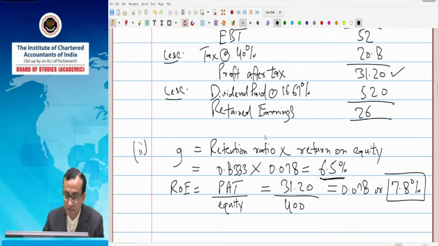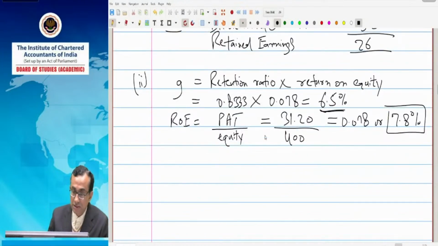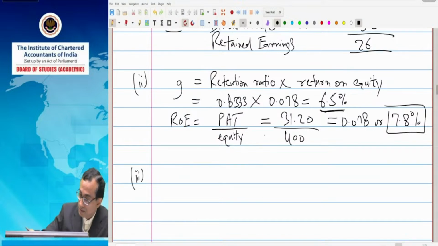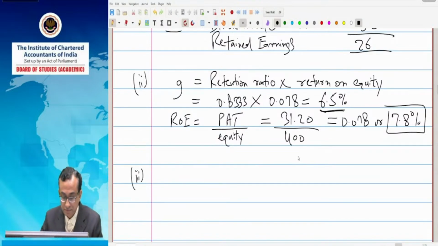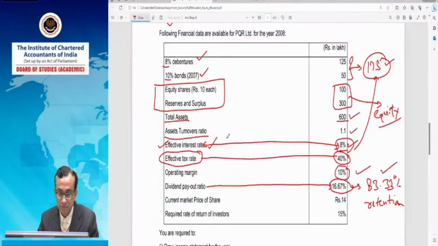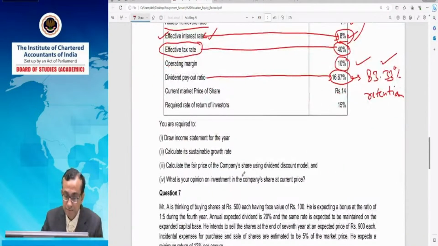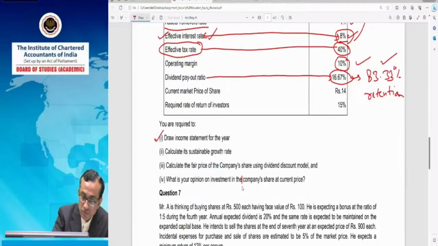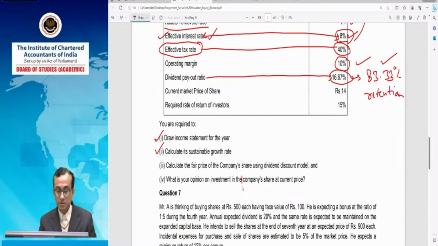Now come to the third part of the question. First part of the question is over. Second part is over. The third part says calculate the fair price of the company share using the dividend discount model.